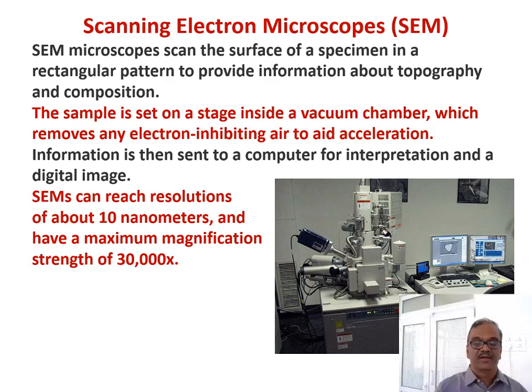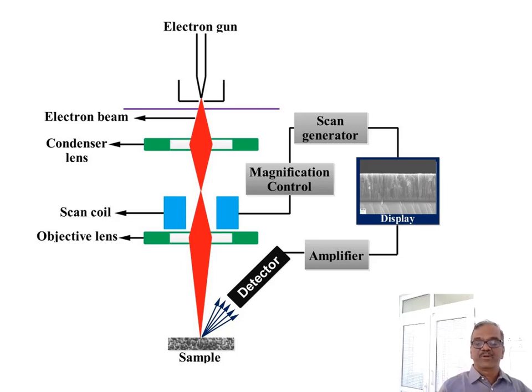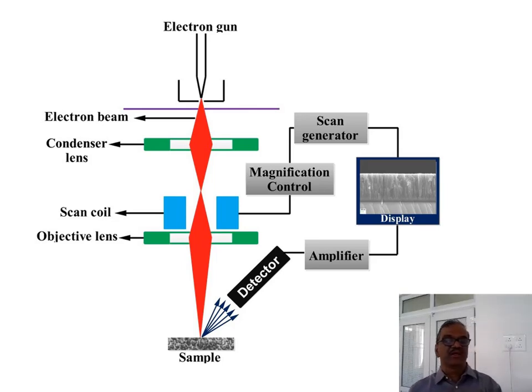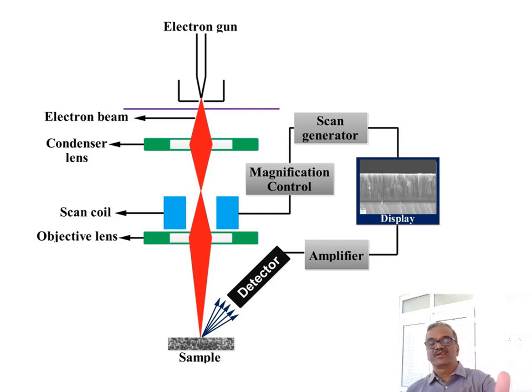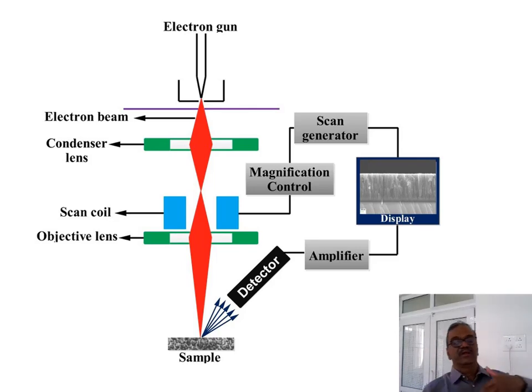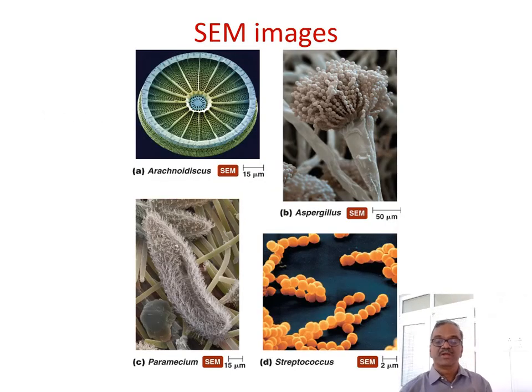So this is the sample. You can observe that the electron gun produces a beam, which goes through the condenser lens and to the scan coil. On the objective lens the magnification and everything is controlled, and the scans are generated, displayed, amplified, and given as a bigger image. Just observe the same image.